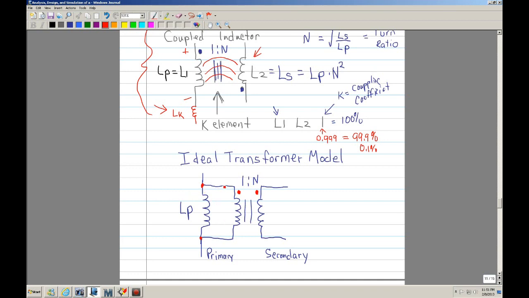In your SPICE simulator, whether it's PSPICE, LTspice, or TopSpice, you should have a part that's an ideal transformer. And within the transformer, you don't have to define inductances or anything. Typically, all you define is N. What is N? Well, we know that it's the turns ratio.